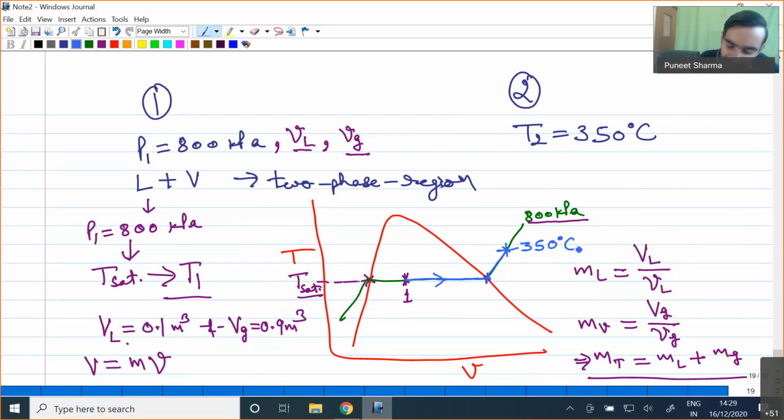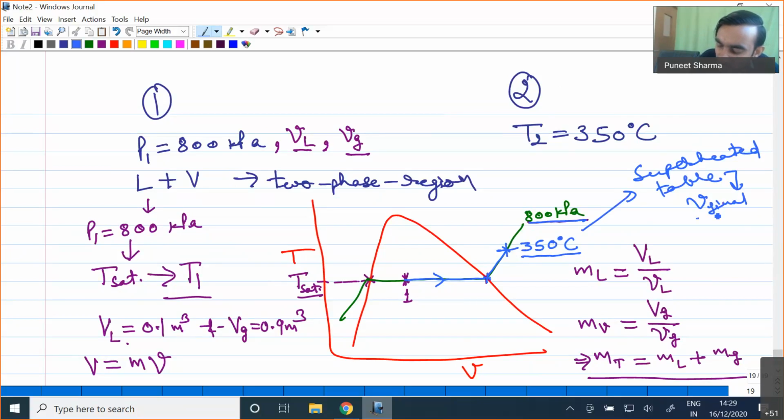So once we have 800 kilopascal pressure and 350 degrees Celsius temperature known, by using the superheated table I can simply find out the value of specific volume. So the final specific volume I can determine using the superheated state. I can call this the specific volume corresponding to state number 2.